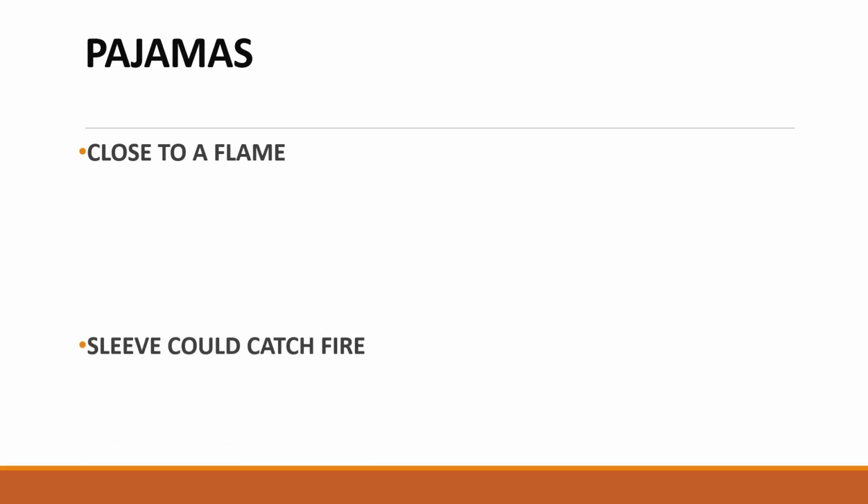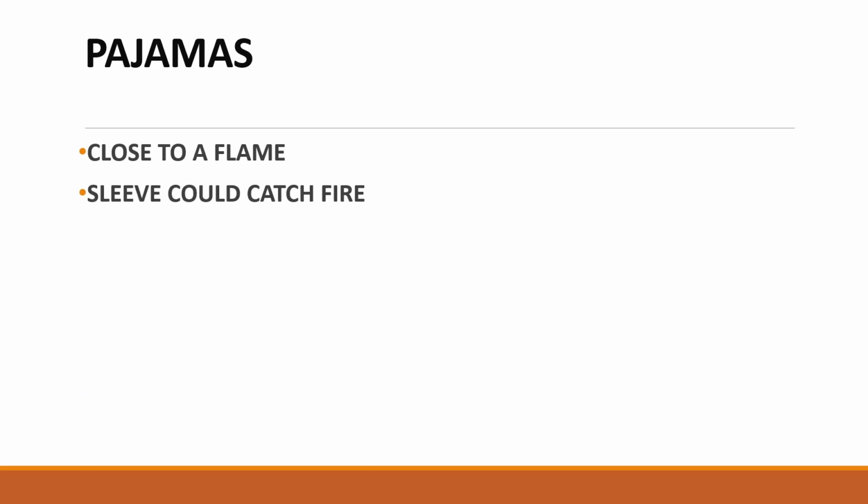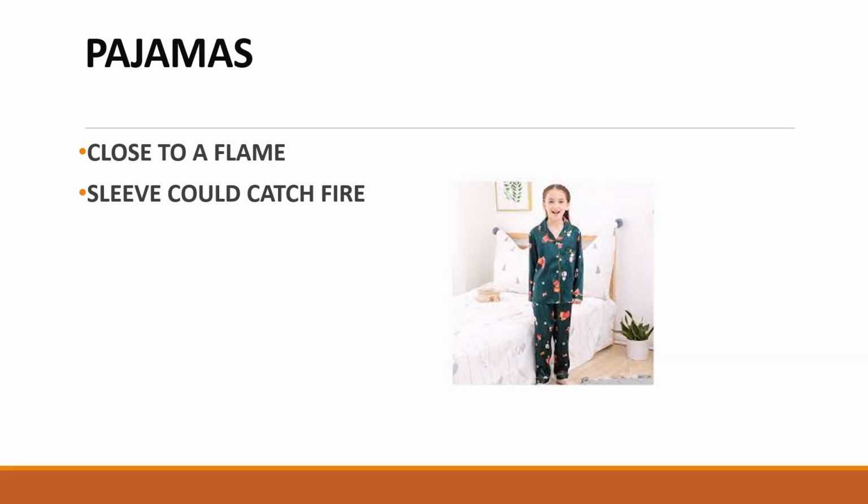Now, if you take the example of pajamas, there are also certain kinds of safety issues involved. If you wear certain kinds of pajamas and there is a flame, there is every possibility that the flame can catch in that particular area of the pajama. The sleeve could catch fire in this case, as you can see from the design.